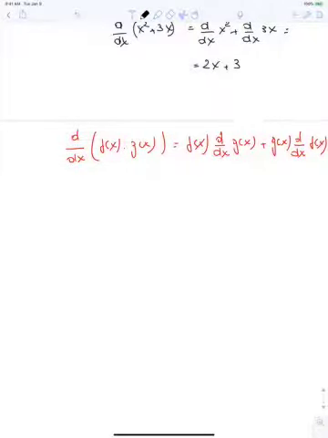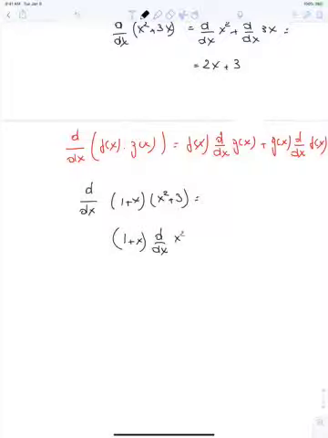Well, let's do an example. Let's say that we want to compute the derivative of 1 plus x times x squared plus 3. Okay? Well, this is going to be 1 plus x times the derivative of x squared plus 3, plus x squared plus 3 times the derivative of 1 plus x.